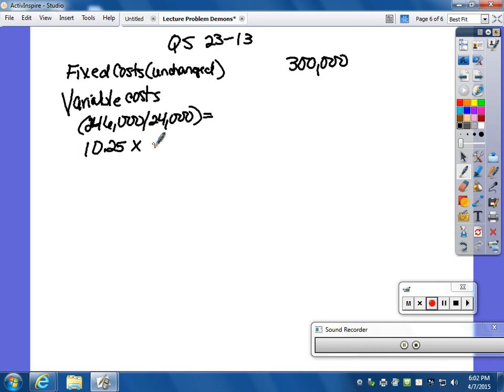Multiply that by how many units? 20,000, which gives us what? 205,000. And then what else do we need to be concerned with? Is that all? Do you have any other numbers to deal with?